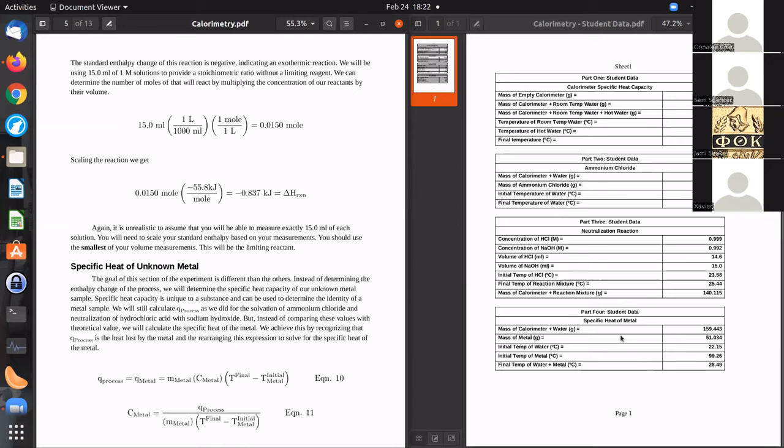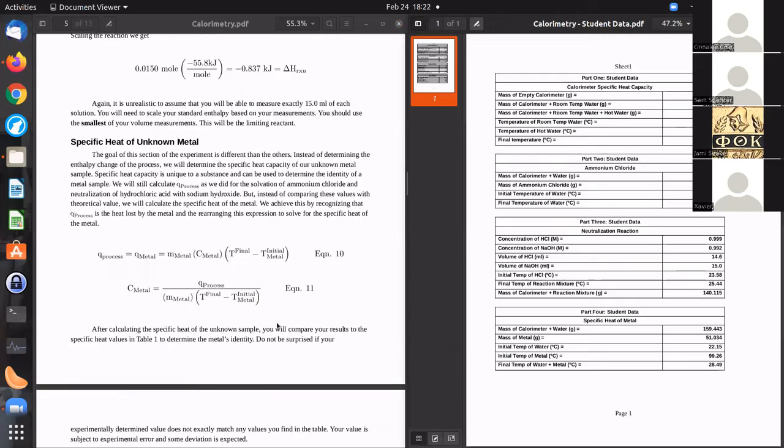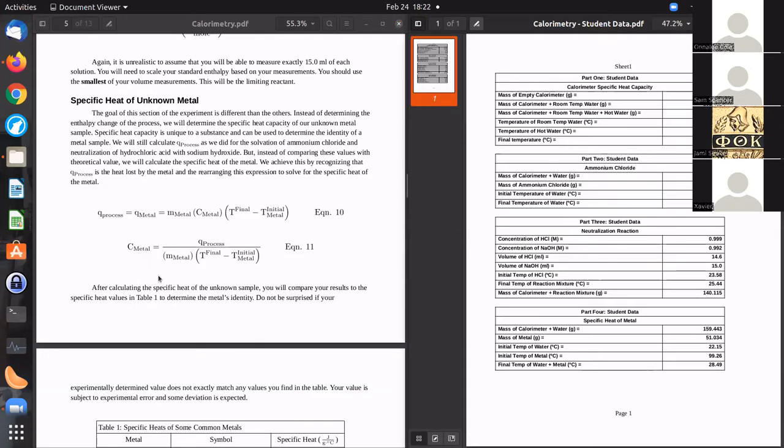Now we have the specific heat of the metal. All right. Now for this one, we're doing something a little bit different. What we're doing, and I think this is actually pretty clever, is we want to calculate this C value, the specific heat, for the metals that we have, which is kind of cool because the specific heat is specific and unique to the different metals.